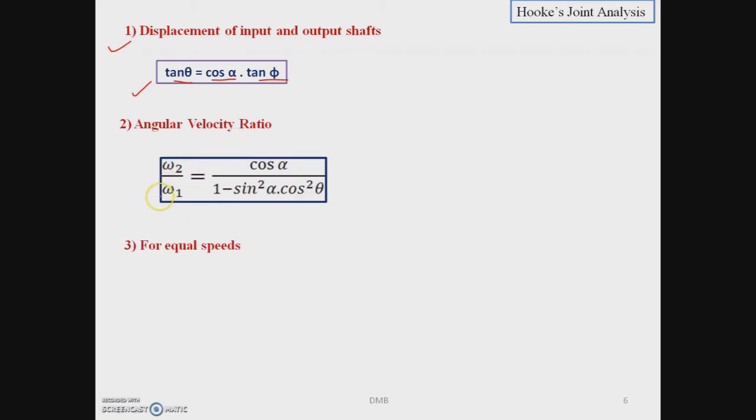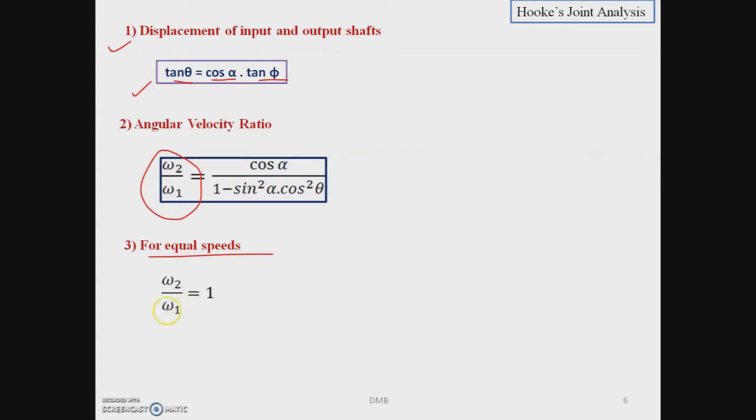Now for equal speeds of both the shafts, omega 2 becomes equal to omega 1, so this velocity ratio will be unity. So substituting omega 2 by omega 1 equals 1, we can find out the condition for equal speeds of both the shafts.